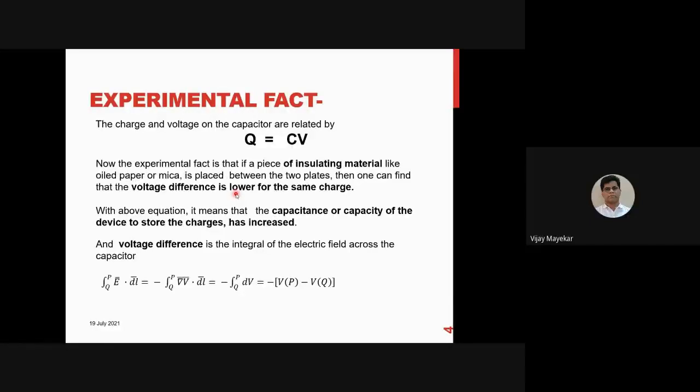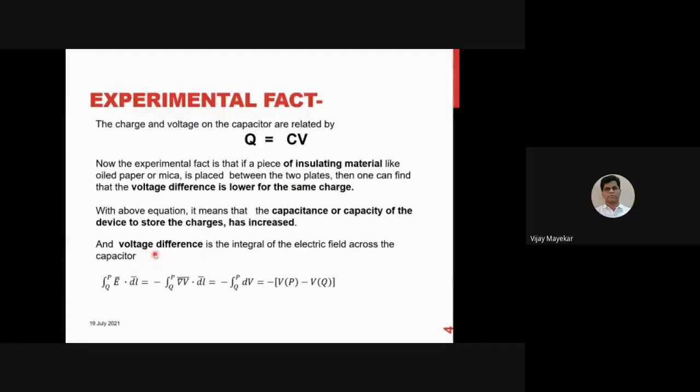We are not supplying any more charges, just the dielectric is inserted between the two plates. So the voltage difference goes down, and since charge is the product of capacitance and voltage, and the charge is the same on the left-hand side, the capacitance goes up. That's one conclusion we can have from this idea.